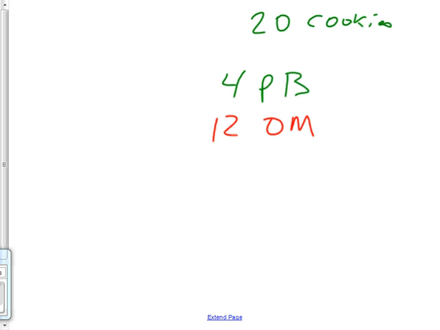Here's about cookies now. It's going to be 20 cookies. There's going to be 4 peanut butter. Oh, I love the peanut butter one. There's going to be 12 oatmeal. I don't like those as much, but. And there's going to be 4 chocolate chips.